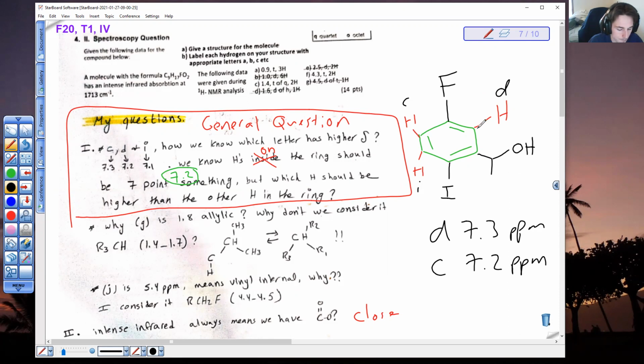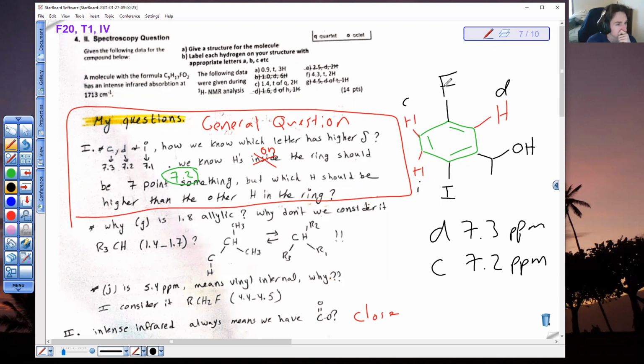My logic here is this is close to an inductive fluorine, pulling electrons away, making the gap between the two spin states bigger. It's also close to a carbon, which is more electronegative than this one, which is on this side next to a hydrogen, a little less electronegative. So carbon's got a teeny inductive effect compared to a hydrogen.